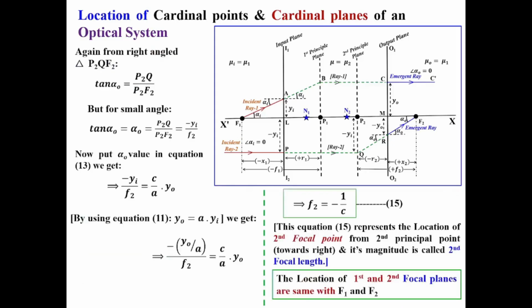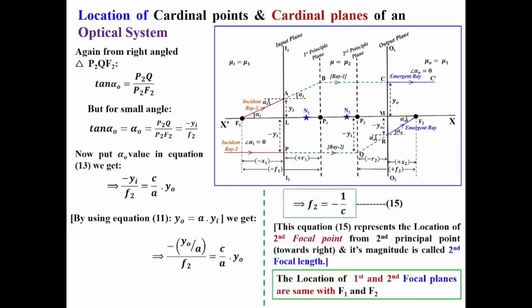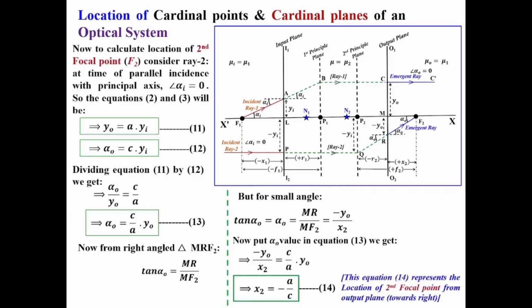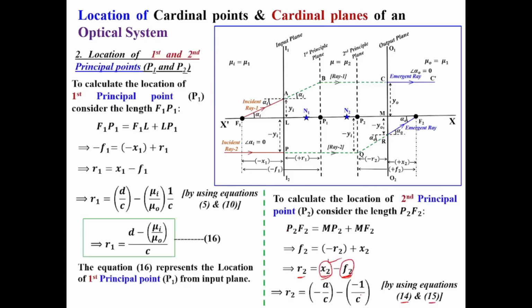In equation 15, f2 is minus 1 by c. In equation 14, x2 is minus a by c. So instead of x2 we put minus a by c, and instead of f2 we put minus 1 by c.